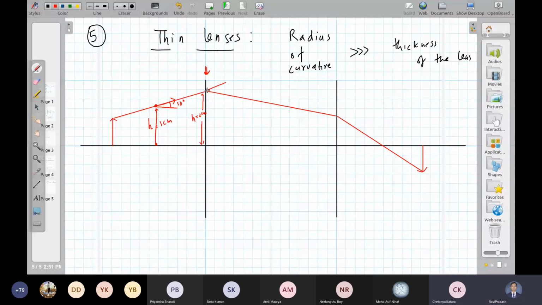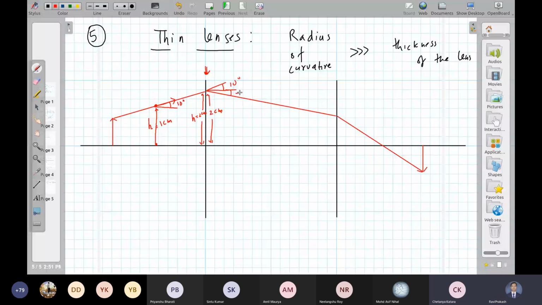But when it gets out, जब इस लेंस से बाहर आई, हाइट कितनी थी? सेम 2 सेंटीमीटर. What is the direction? क्या डायरेक्शन भी 10 डिग्री था अभी? Now the new direction is something else. Let us say -20 degrees, right?